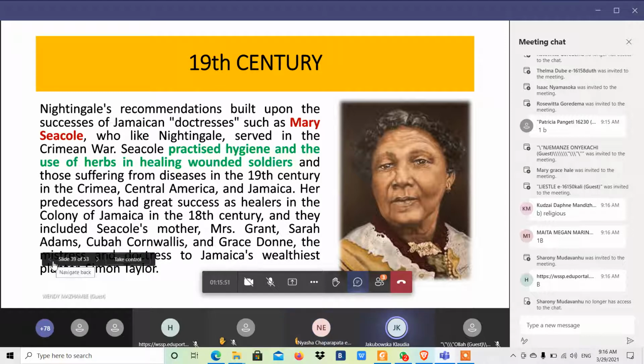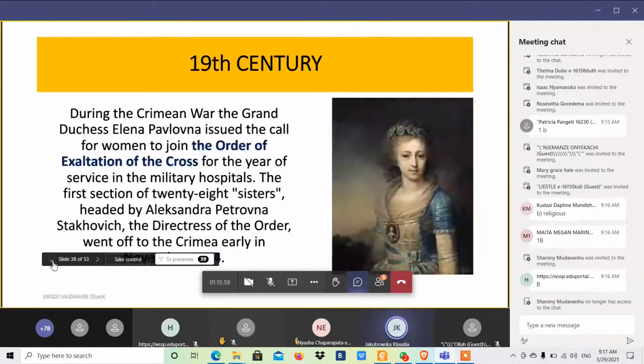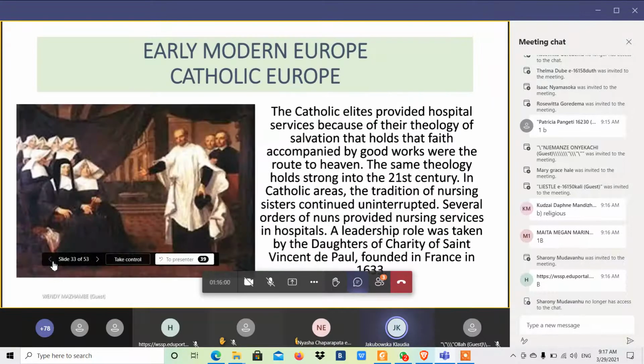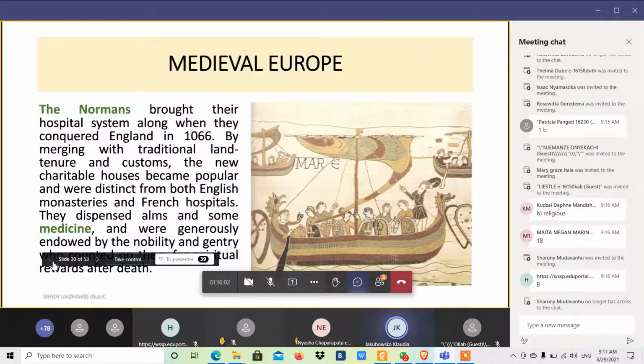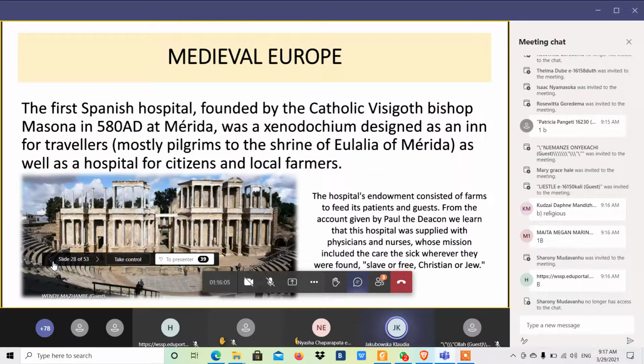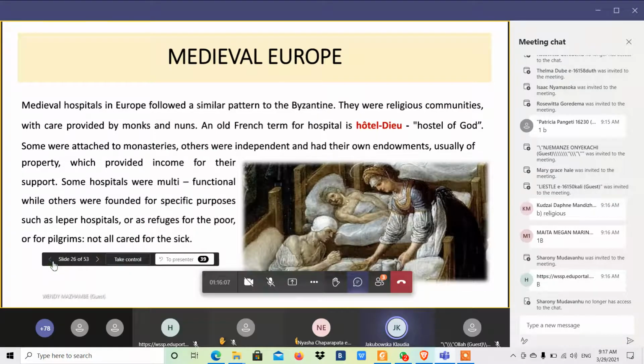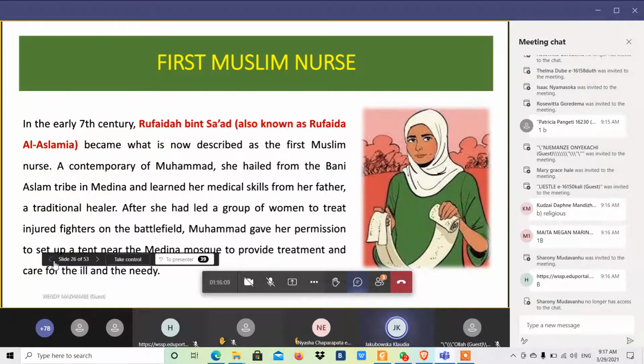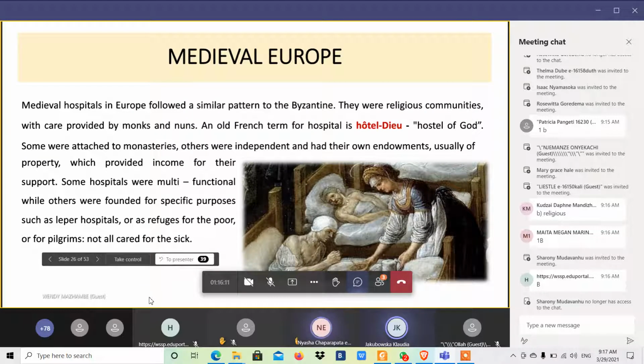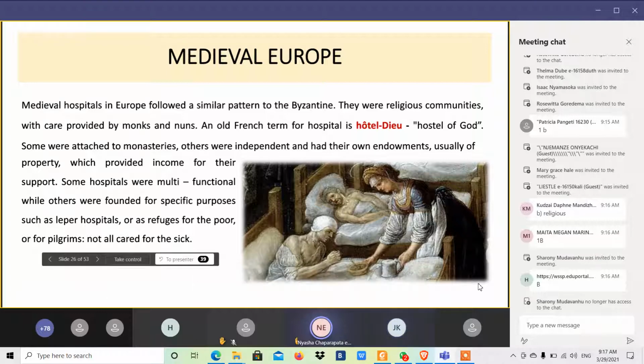On this slide we have this information, and also you have information that nuns and monks cared about poor people also, right?